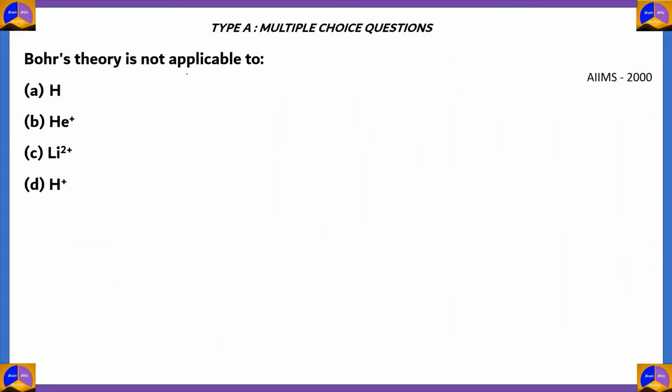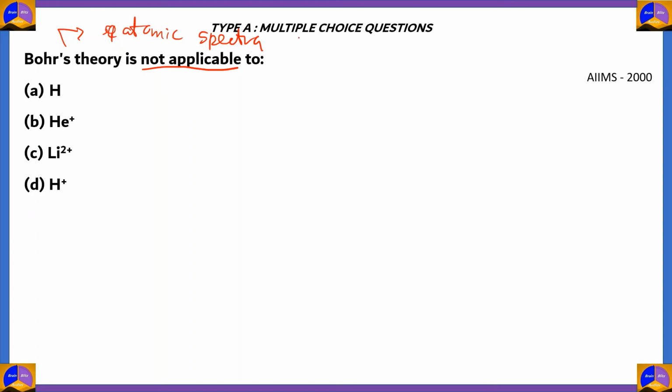So the final question of today. Bohr's theory is not applicable to H, He plus, Li2 plus, and H plus. So Bohr's theory uses atomic spectra.